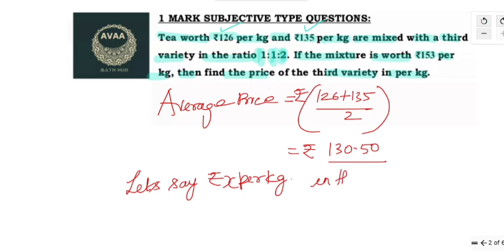Now we have combined our three varieties and restricted them into two varieties. That means our first two varieties have been combined together and we got the average. For that we also need to add the ratio now. So 1 plus 1 is 2. The third variety is simply the 2 that they have provided in the question.